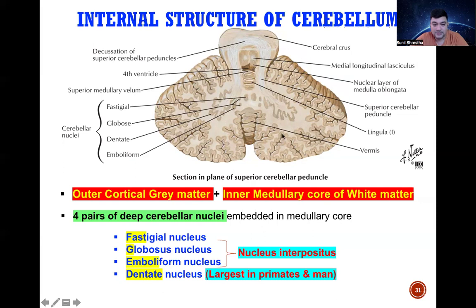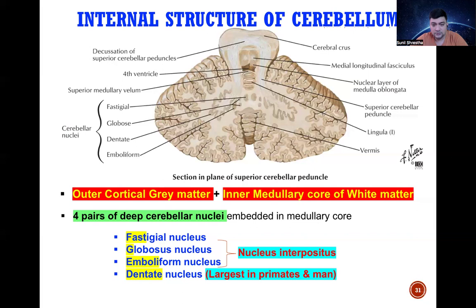They are the fastigial nucleus, globose, emboliform, and dentate nucleus. These are the four nuclei present in the cerebellum.